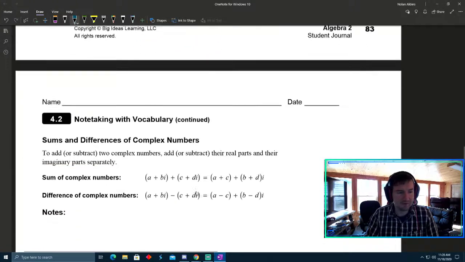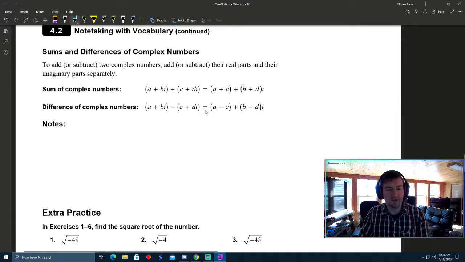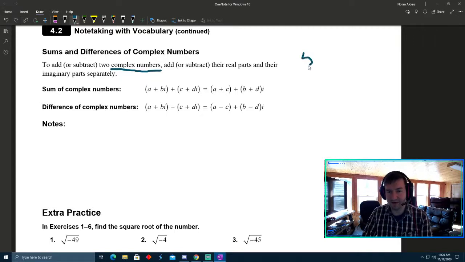All right, let's look at a few examples of where we might use this. Also, guys, I'm going to mention this real quick. Complex numbers are simply numbers that are a combination of real numbers and imaginary numbers, like 5 minus 2i.